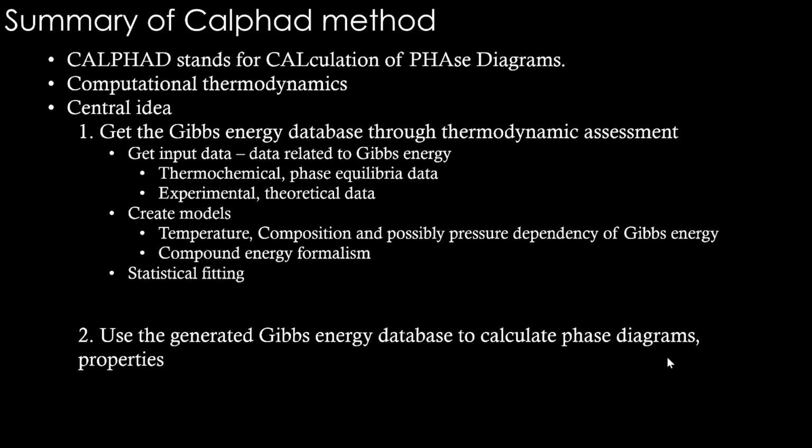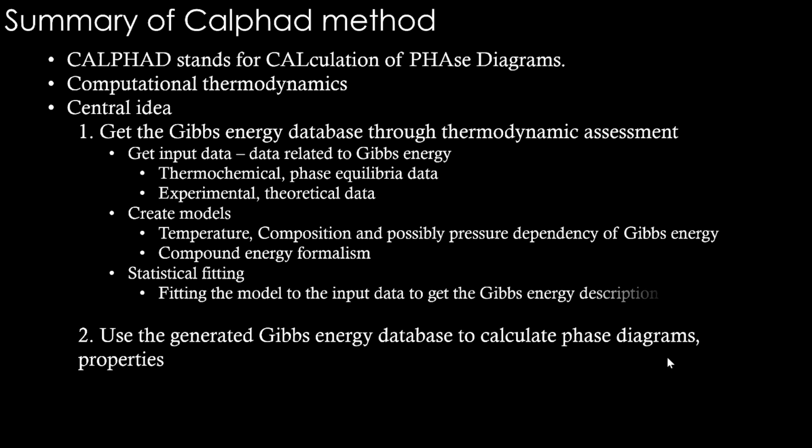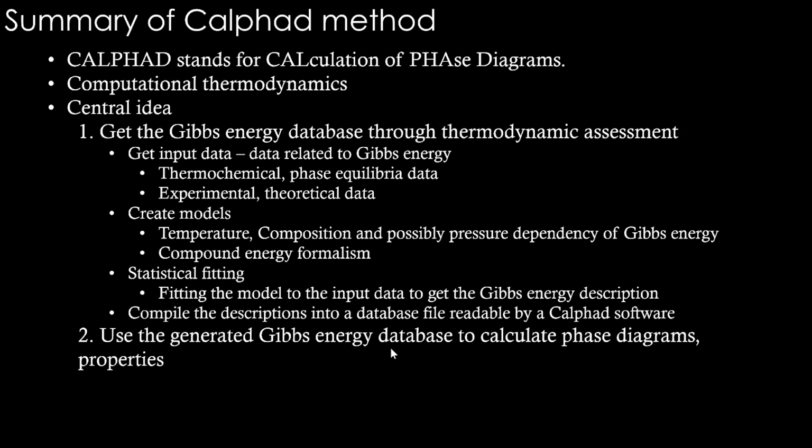And then the models are fitted to the input data to get the Gibbs energy description. Once the Gibbs energy descriptions are arrived, compile the description into a database file readable by a CALPHAD software. So this is the summary of the method.